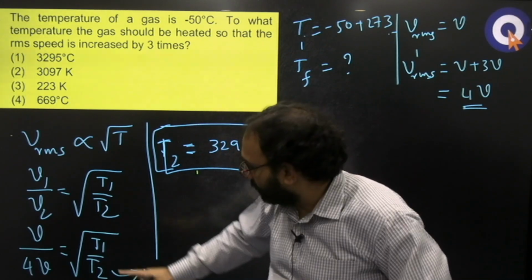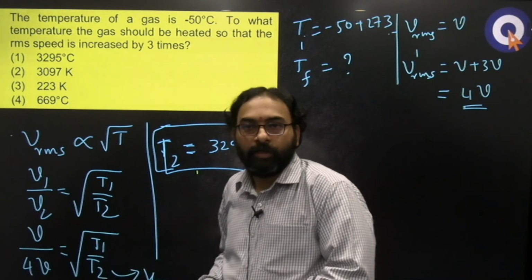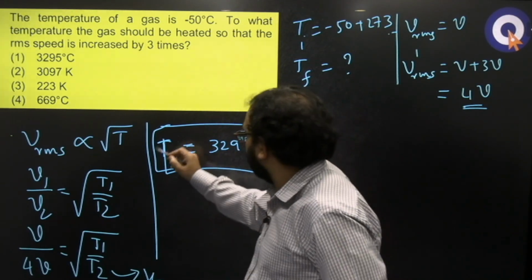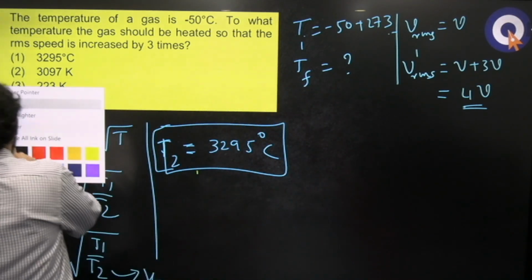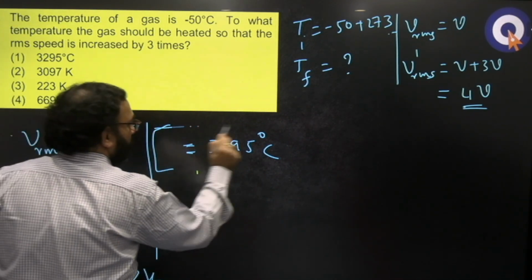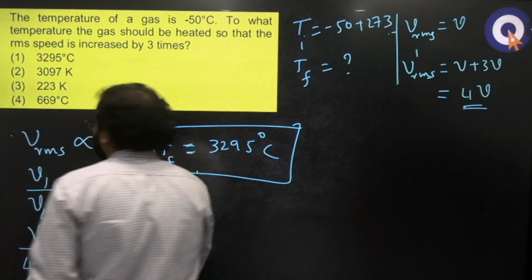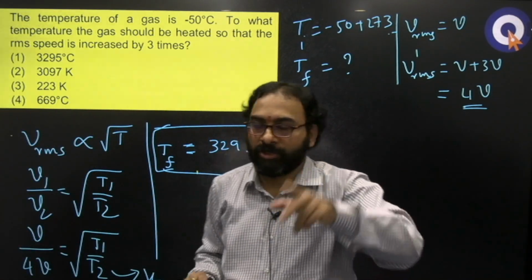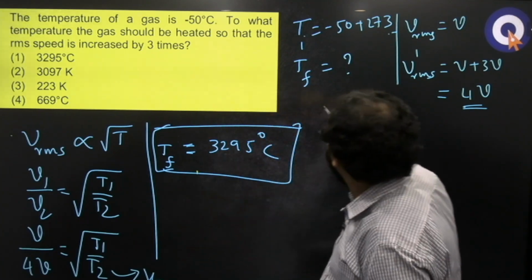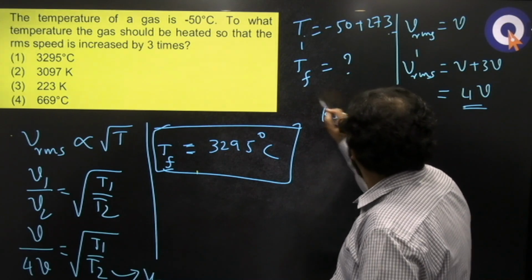So you get T2 value in both Celsius as well as Kelvin. You calculate. Then finally the option which we can match is 3295, the final temperature in degree Celsius, that is only matching with the given values. So key you can conclude as 3295, that is the first one.